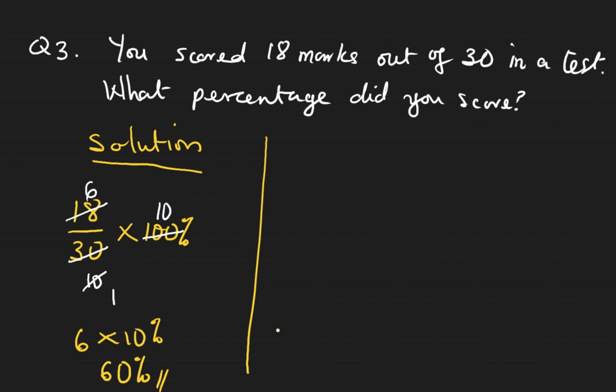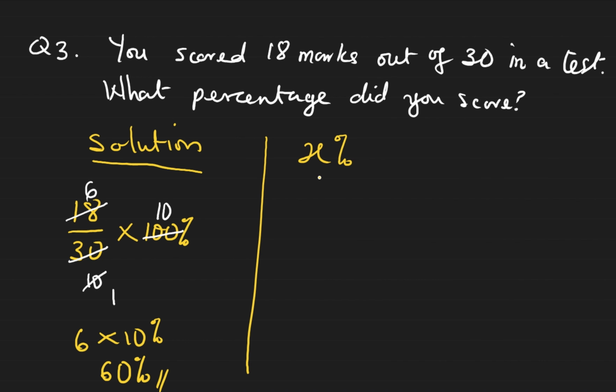Let's assume we are transforming this English statement into a mathematical statement. So first, what percentage did you score? We don't know. So let X represent the percentage that you scored. I say X percent.